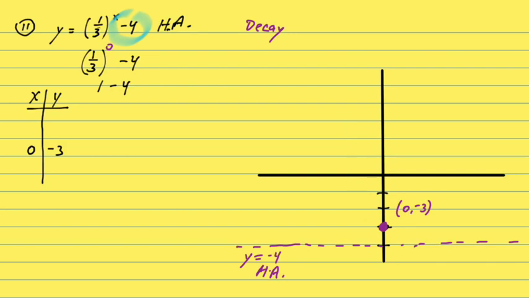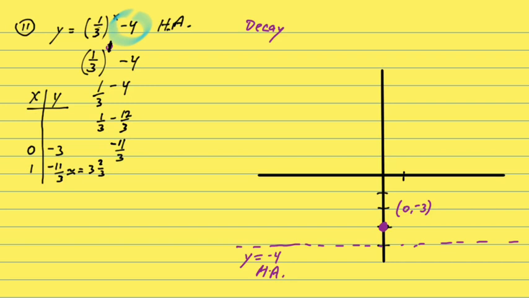But if I put in a 1, what would I get? What is 1/3 to the 1? 1/3. 1/3 minus 12/3 is negative 11/3. And that's negative, 3 goes into there, 3 and 2/3.